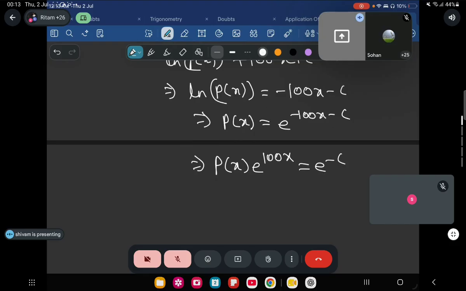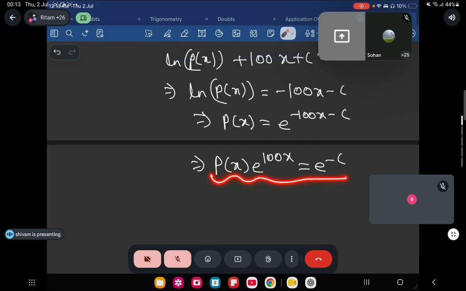After differentiating this function, the right hand side will be free of any constant; it will totally become zero.